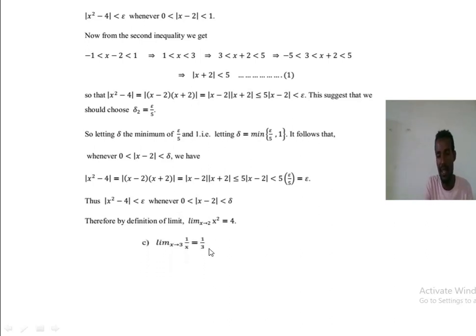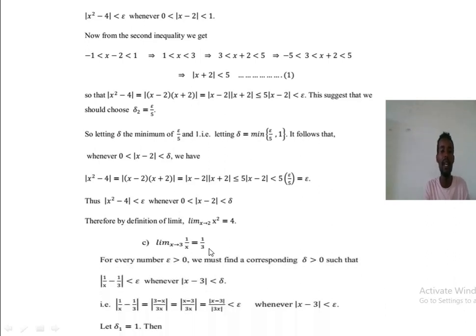Question number 3. The limit of 1 over x as x goes to 3 is 1 over 3. Now let us see this example. It says that for every number epsilon greater than 0, we must find the corresponding delta greater than 0 such that absolute value of f of x minus L is less than epsilon whenever 0 is less than absolute value of x minus a is less than delta.